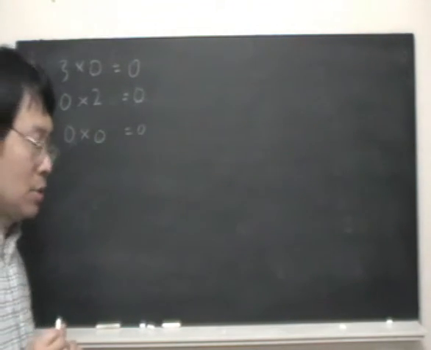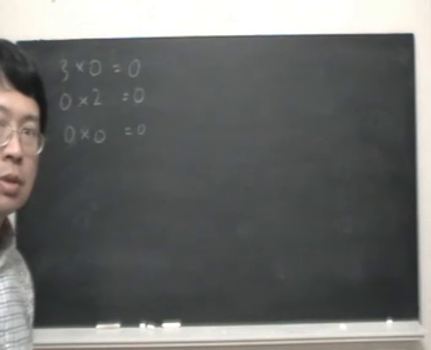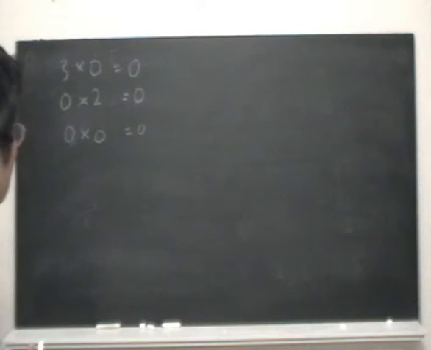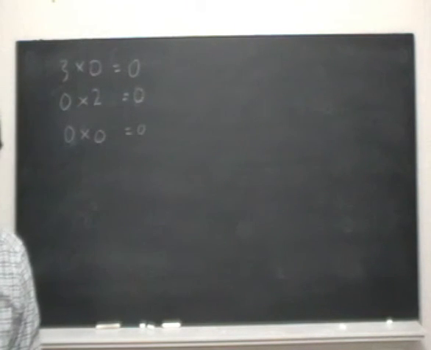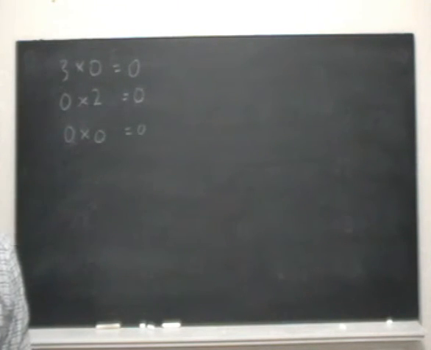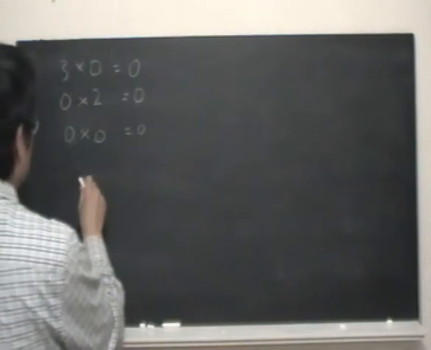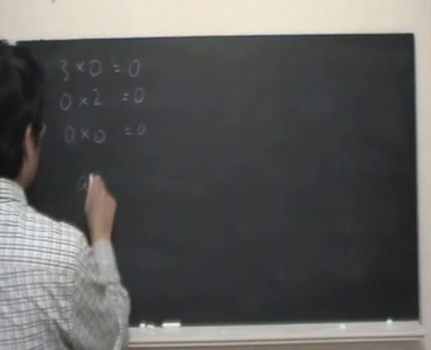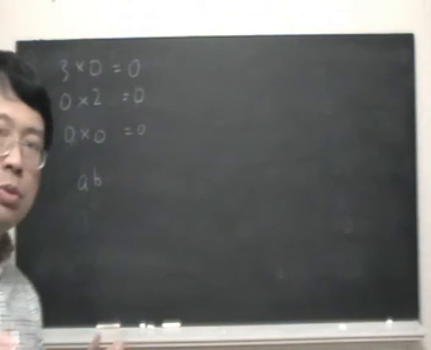So first, we want to be familiar with this idea, this fact. Then let's do something with algebra. Let's apply this idea to algebra. Suppose, let's say, I have two symbols.